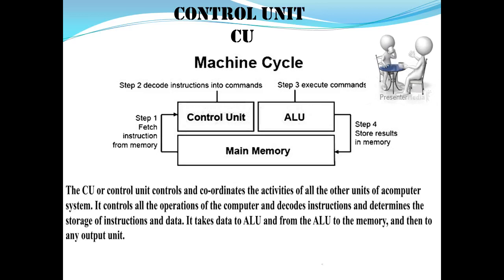After that, the arithmetic logic unit executes those commands given by the control unit. In step 4, the arithmetic logic unit stores the result in the main memory. After that, it will give the output, and finally we get the output. So this is the main work of the control unit.